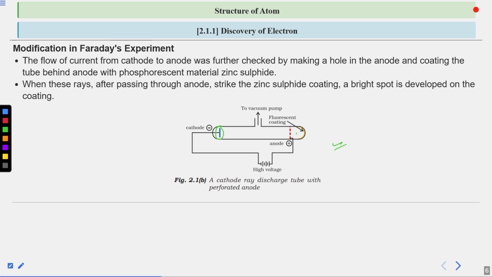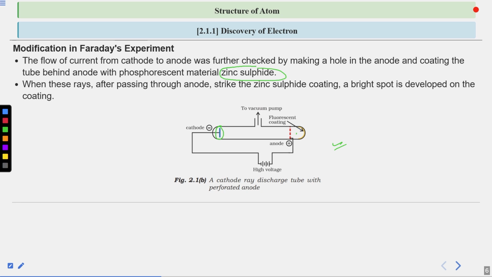Second thing Faraday did was that he coated this whole tube at the back with phosphorant material known as zinc sulfide. Now this zinc sulfide has a very strange property that on hitting it with something which is charged or something which is excited, it starts glowing.